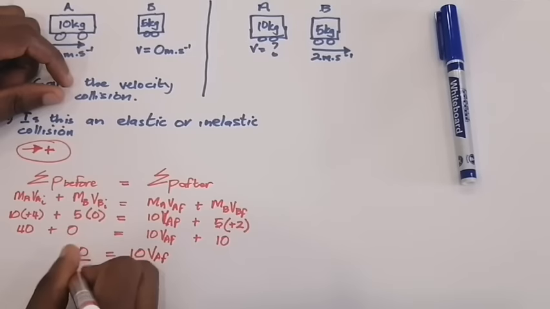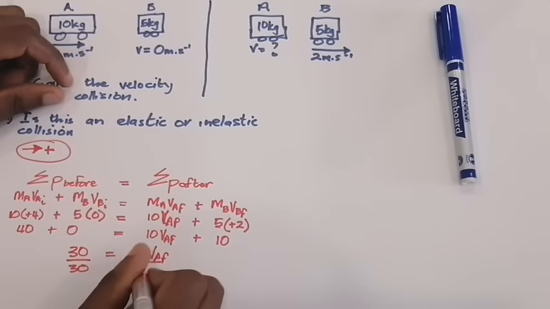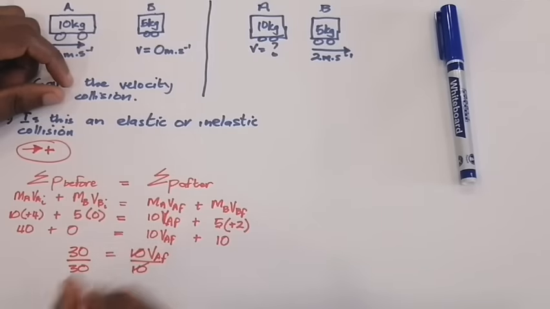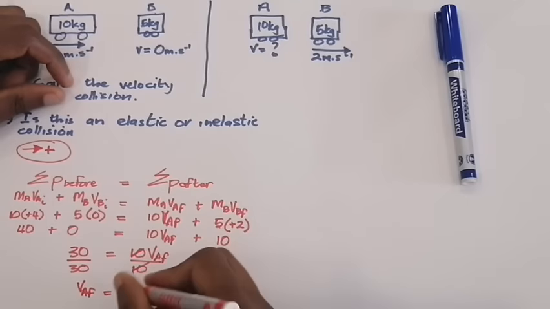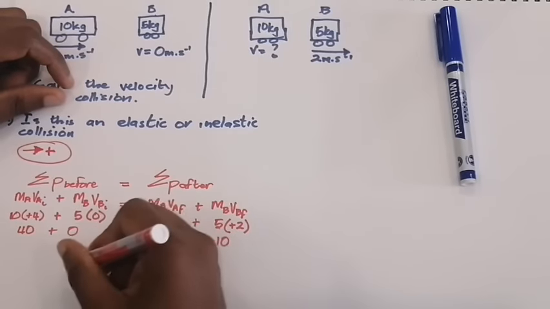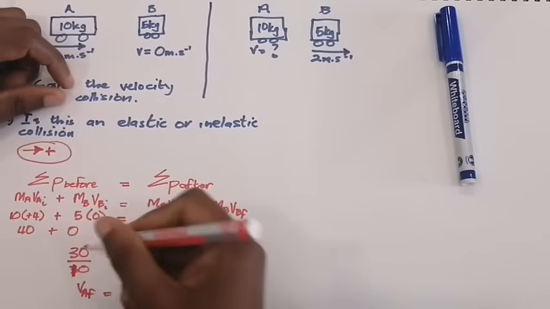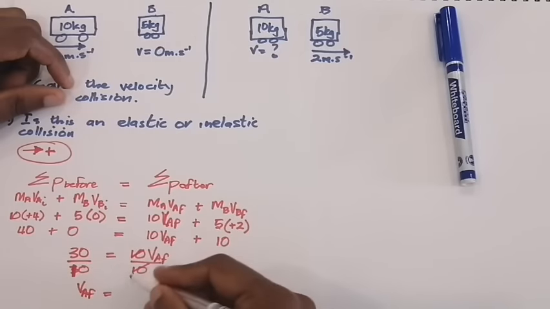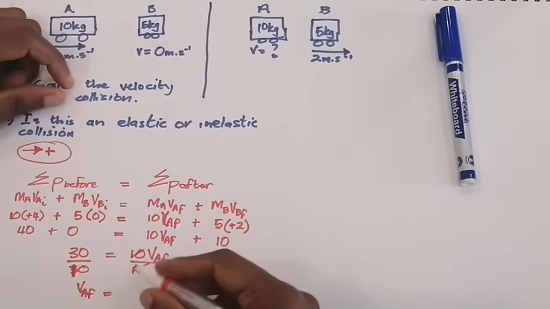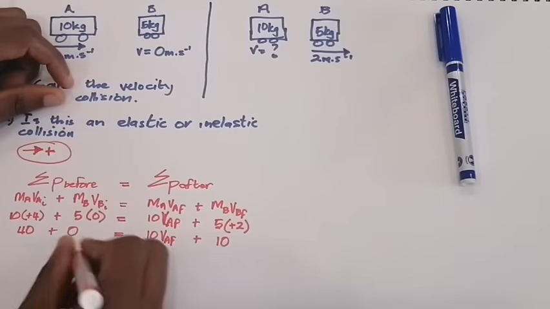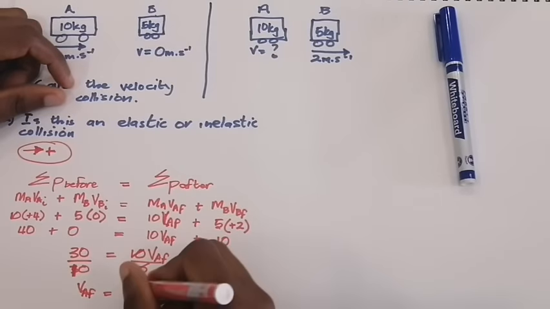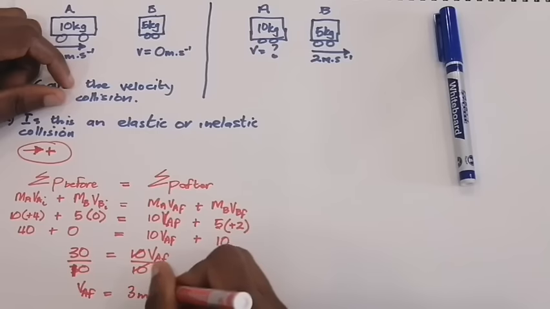I'm not going to waste a lot of time on the mathematics. We divide both sides by 10. Sorry, I actually divided by 30 there instead of 10. Remember, what you do on the right, you do on the left. So 30 divided by 10 gives us 3 meters per second.